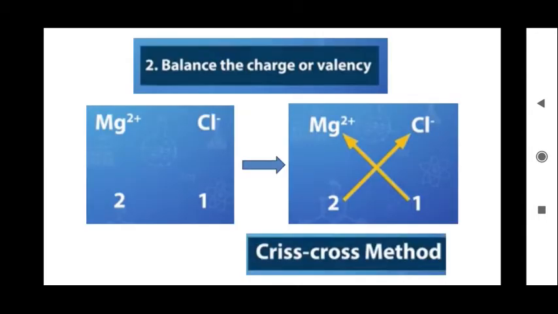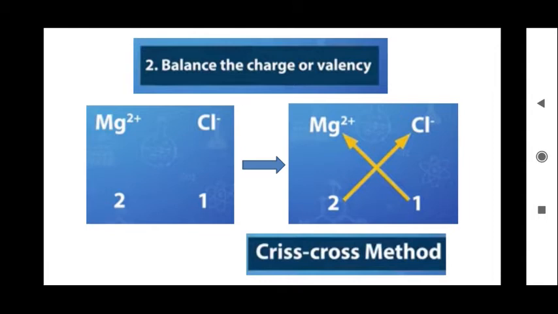The next step, after writing the symbols of the cation and anion, is to write the valency below them. We have already discussed how to calculate valency. Magnesium has a valency of 2. Similarly, the valency of chlorine is 1.